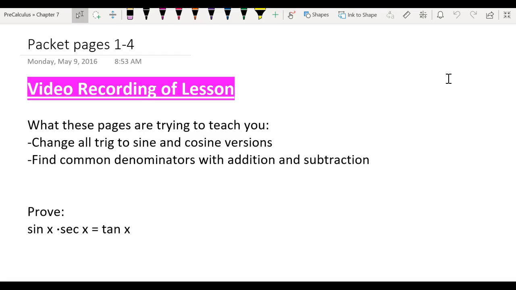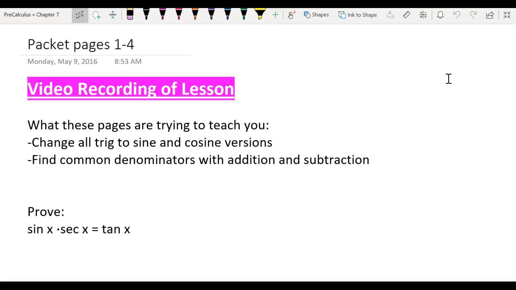All right? So, what these pages are trying to teach you today: change all trig to sine and cosine versions. That is why we have these types up here, because you see how all of these give the sine and cosine versions? So that's the first thing that you want to do.